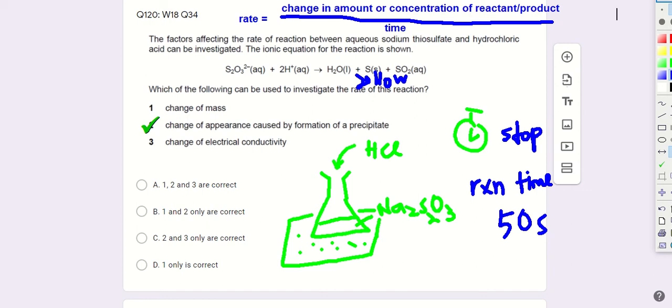For example, I have calcium carbonate. I heat, I get calcium oxide.